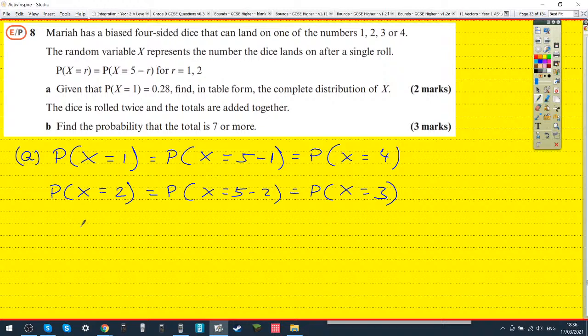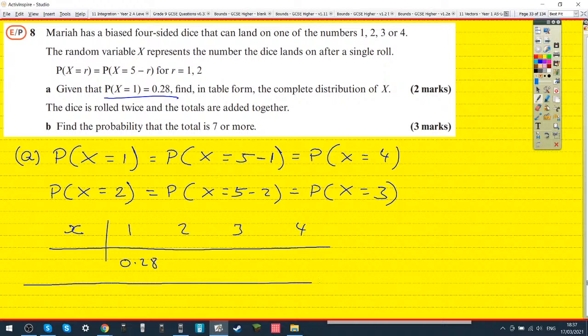So if we did a table, we've got 1, 2, 3, 4. What does it tell us? That x equals 1 is 0.28. So that was 0.28. What else can we fill in? That 4 is 0.28 since they're equal.